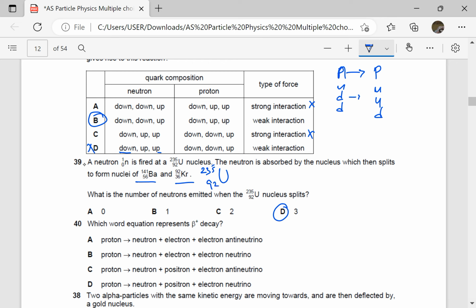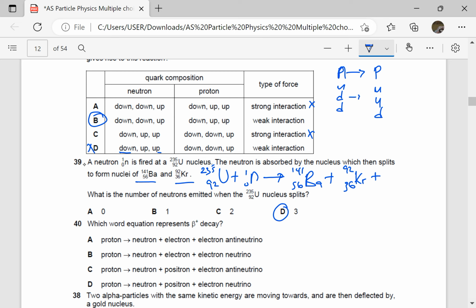Uranium-235, 92, absorbs a neutron. A neutron is n 1 0, and it splits to form barium-141, 56, plus krypton-92, 36. So we conserve nucleon number.